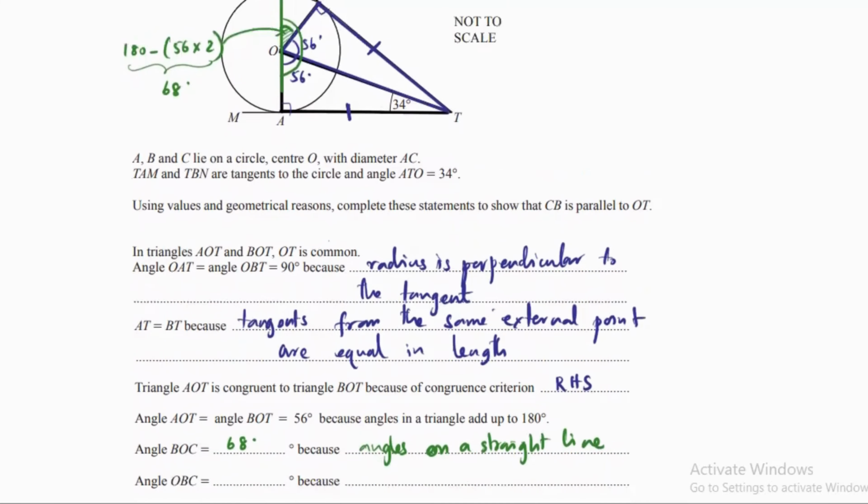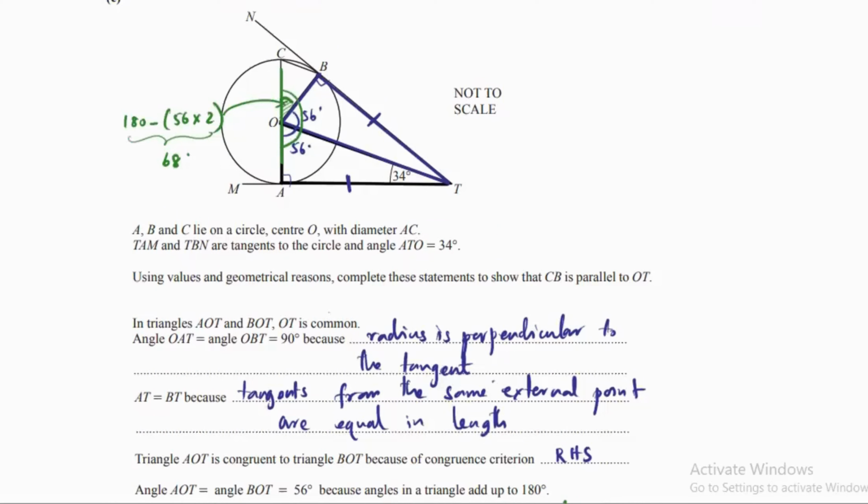The next one is angle OBC. So that is OBC, that is this angle, is equal to how much? We need to find the value of that angle there. To calculate the value of this angle, I'm going to draw this triangle separately. So this triangle is going to be like this. In this triangle, O to C and O to B are both radii of this circle.